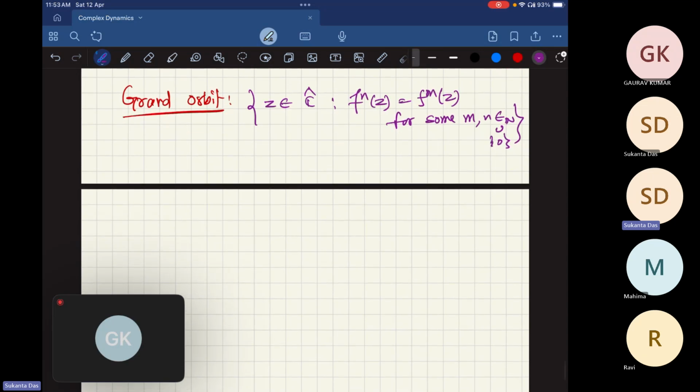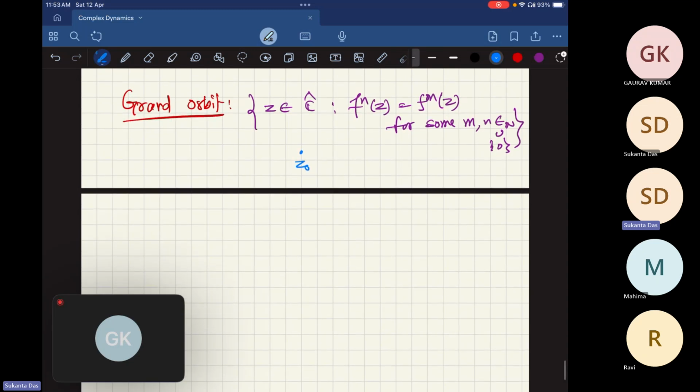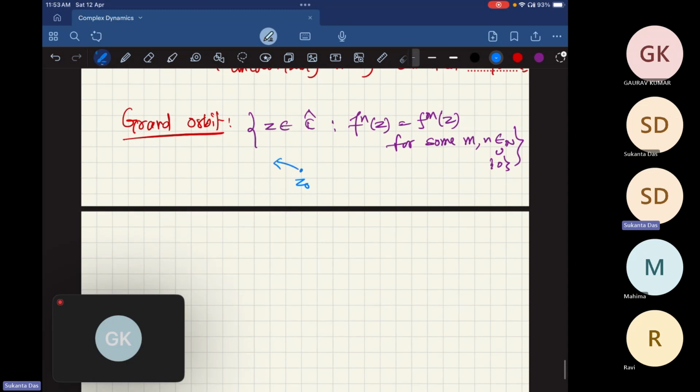So let me just illustrate this. Say I have taken a point z0 here, and suppose I have taken a polynomial of degree 2. That means if we pull back this point under P, I will have two preimages. Then if I pull back, I will have again two preimages, again two preimages, and so on. So this is basically the backward thing. Now when I move on to its forward thing, that is z1, I will also consider the preimages of z1.